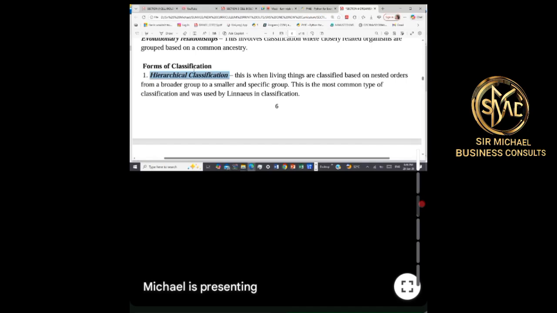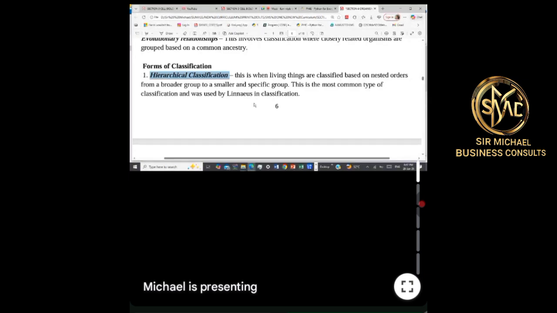So that is what normally we do in our time. That was what Carolus Linnaeus brought. In this system, organisms are classified based on orders from a broader group to a smaller group. That is from the kingdom through the phylum, class, order, family, genus, and species.